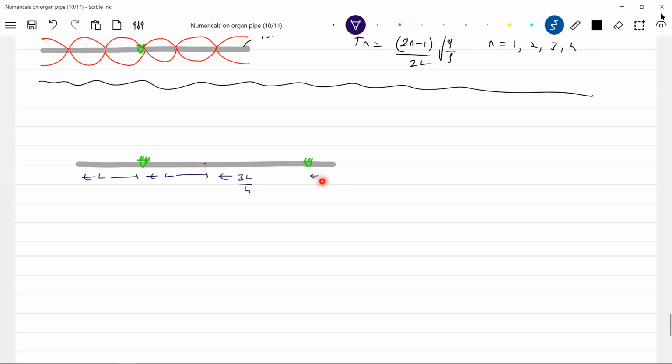Or L by 2, I'll make it, this clamp. Then how much it will be? 3L by 2, L by 2. So the rod is clamped at this one. Like total length of the rod is 4L. Okay, the midpoint is not clamped.